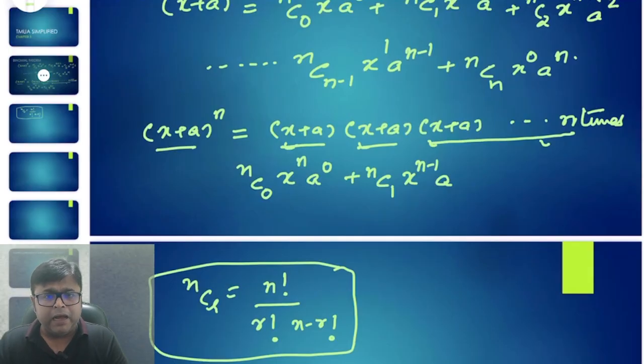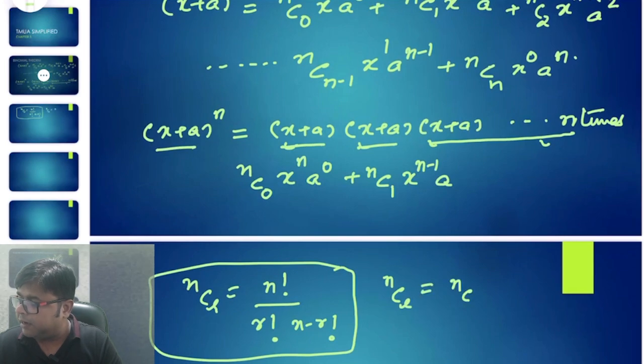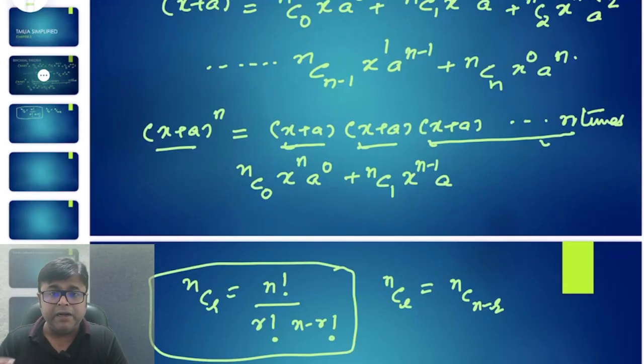A lot of people can argue why I am not taking it in terms of x. It will be the same. You can take it in terms of x also, because there is a property: NCR is the same as NCN minus R. So the term here, nc1 x to the power n minus 1 a, if I do it in terms of x, will be the second last term of this expansion.